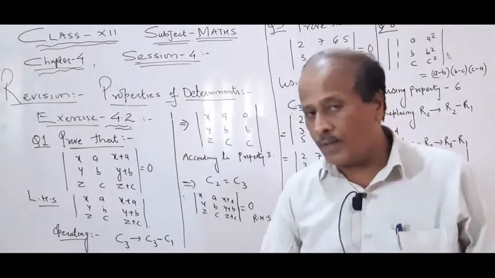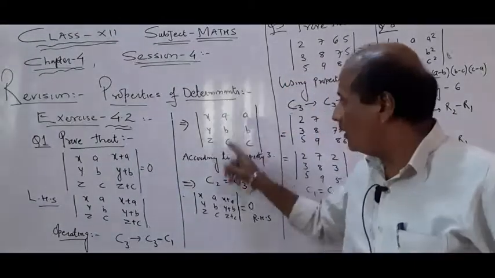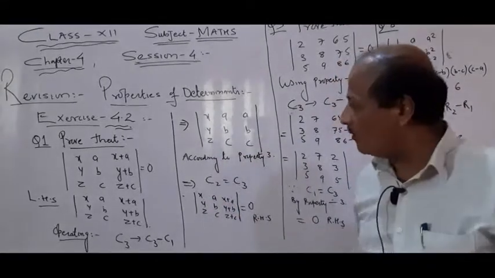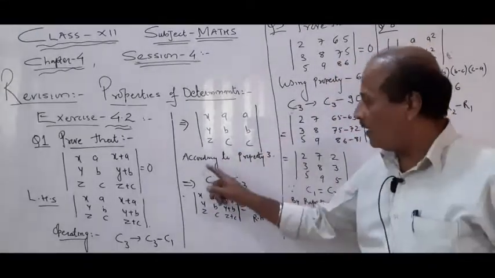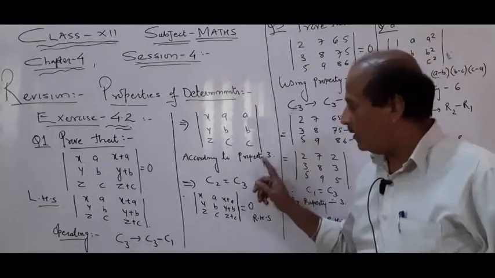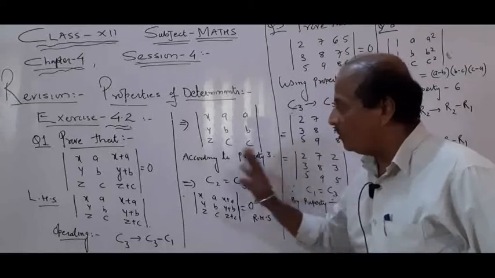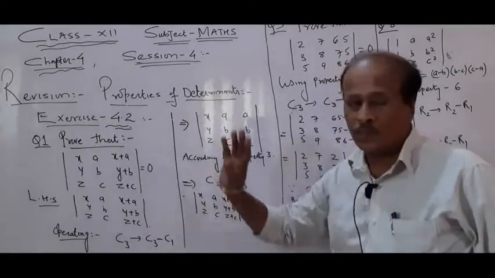So what does property number 3 say? Whenever two columns are identical, there is no need of solving it, don't expand it. According to property number 3, column 2 and column 3 are equal, so directly you write the value of the determinant as 0, which you are supposed to prove.